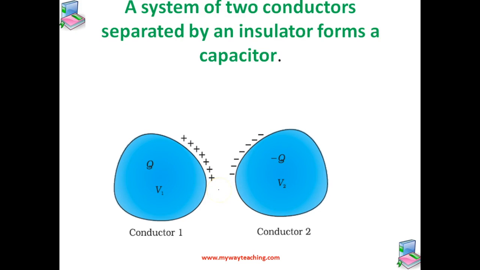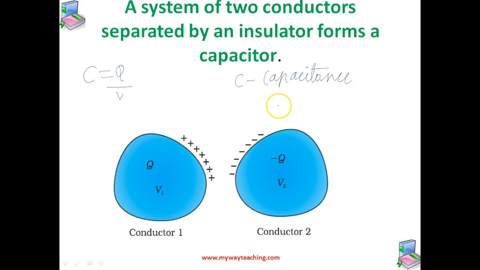So, V is also proportional to Q. So, we can write C is equal to Q by V. This constant C, we call it the capacitance of a capacitor, and this C is independent of Q or V.